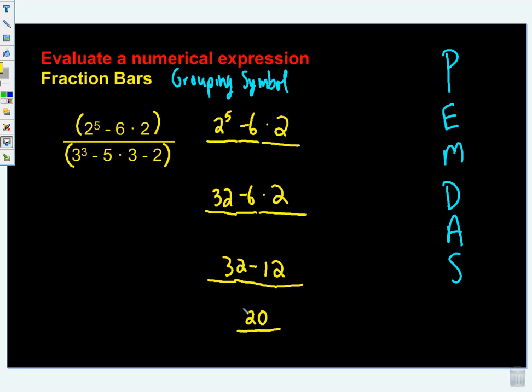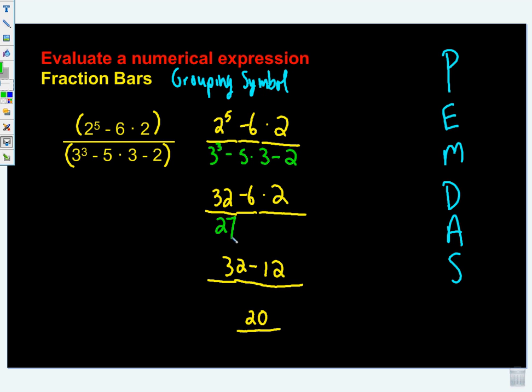And now let's go ahead and look at the bottom half here. In the bottom half, of course, again, I want to remember to evaluate exponents first. So I've got 3 to the 3rd minus 5 times 3 minus 2. When I evaluate exponents first, I am left with 3 to the 3rd. Again, remembering that 3 to the 3rd is 3 times 3 times 3, which leaves us with 27.